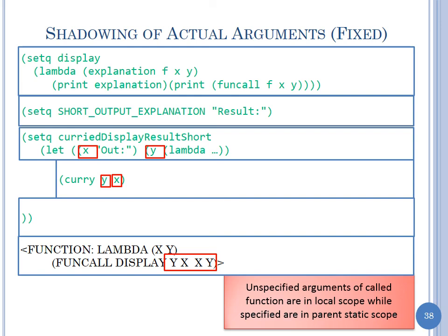You're going to call the curried function with 2 arguments, supplying values for x and y, and those will be used for the first 2 arguments too, the ones that you meant to actually be out and lambda, or rather lambda and out. Right?